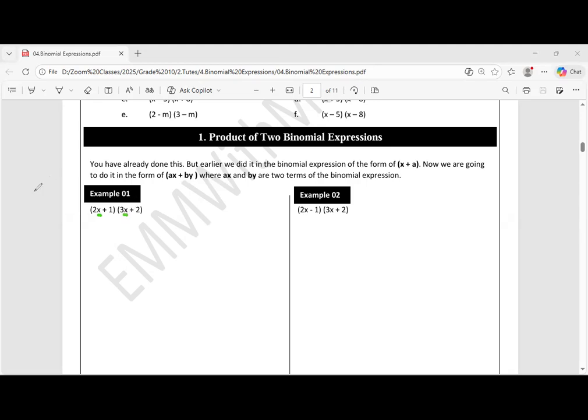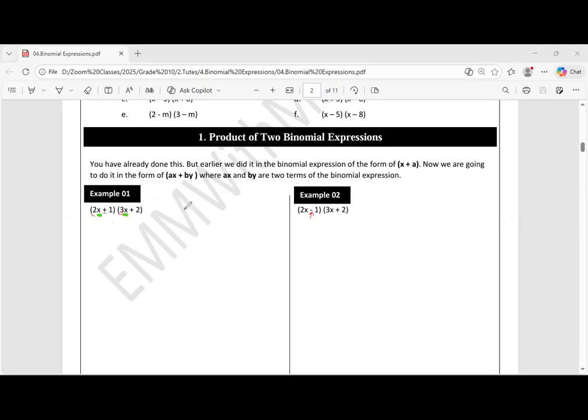But in front of that x term, you have a constant like this. 2 is a constant, 3 is a constant. And for this one, same thing, but the signs have been changed. Here you have a minus sign instead of this positive sign.